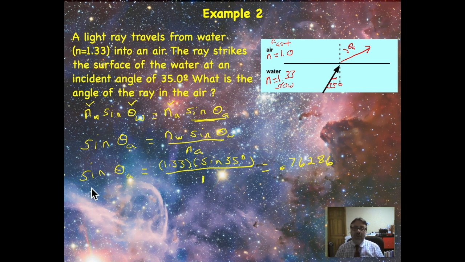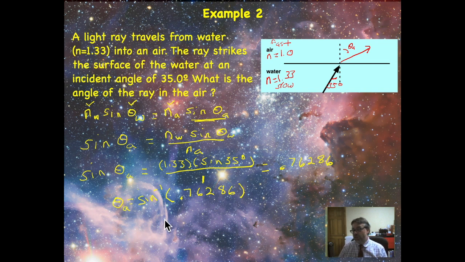So now, this is the sine of the angle, though. This isn't the angle. So I'm going to need to do an inverse trig function to find out what the angle is. So the angle is going to be equal to inverse sine of 0.76286.